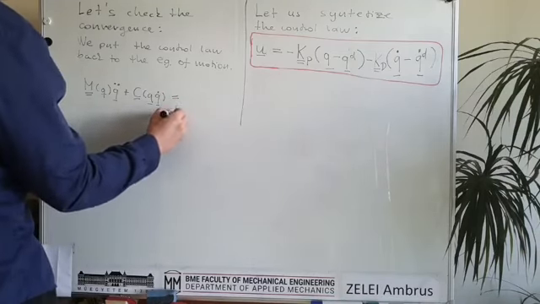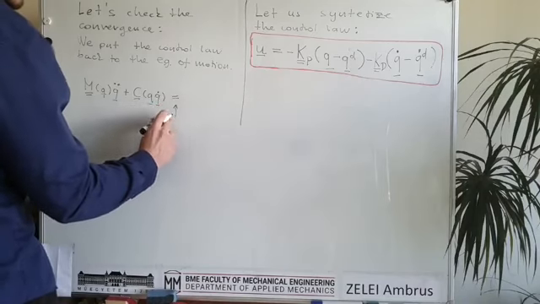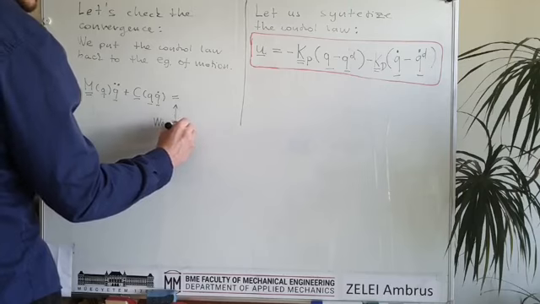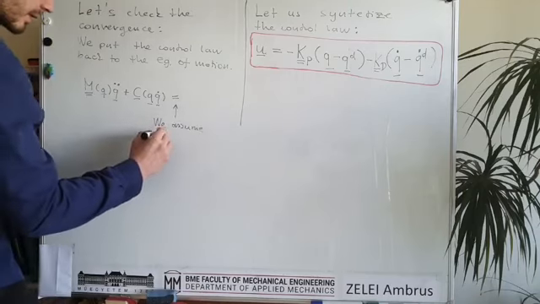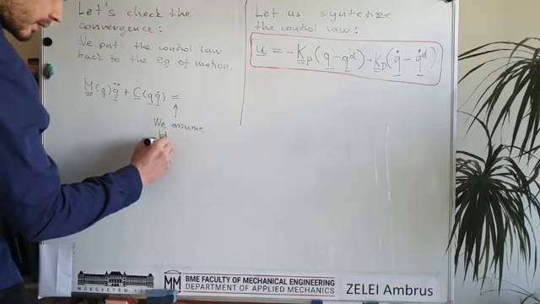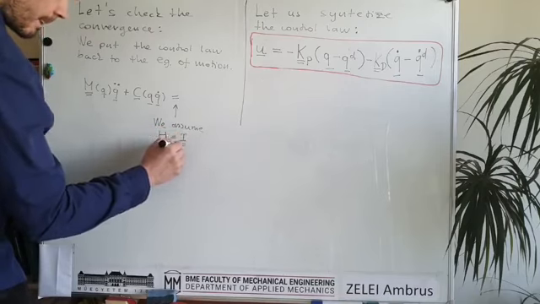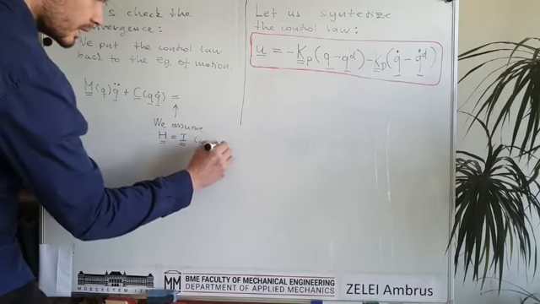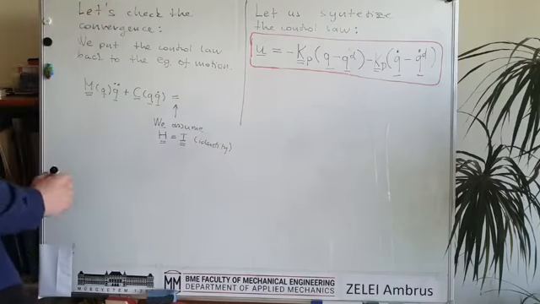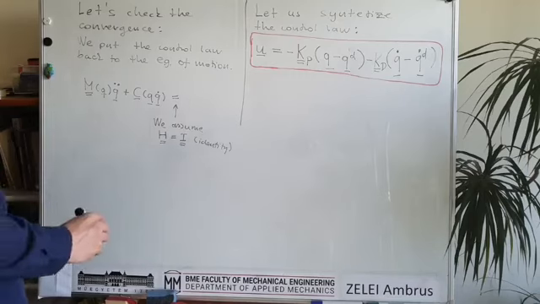But here we will suppose that H is an identity matrix. Okay, so this is identity, and this is usually true if we are having some serial robot and we have relative joint coordinates.